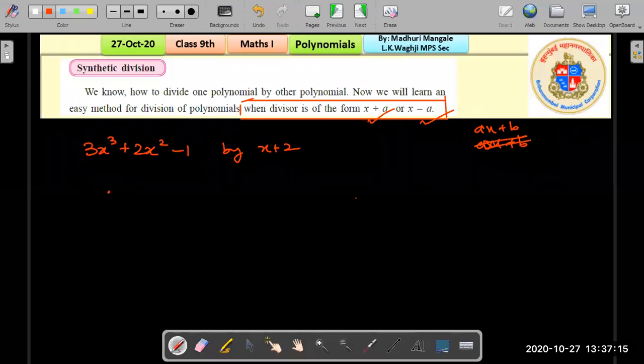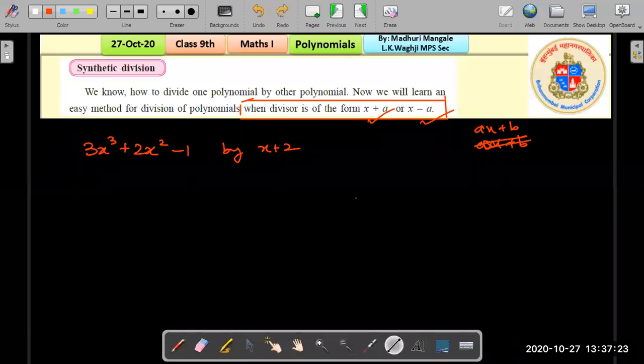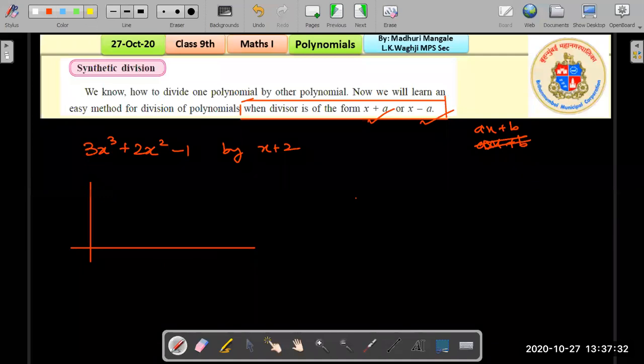We make an L-shaped figure, or we just draw a plus sign, one horizontal and one vertical line like that. And then we are going to use the coefficients. So what do we mean by coefficients? The numbers which are next to the variable are called the coefficients.